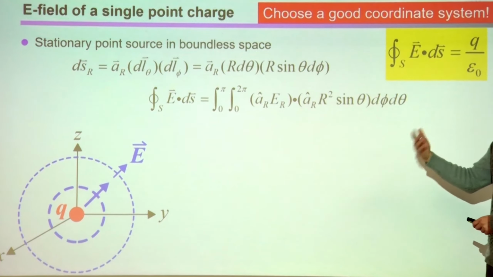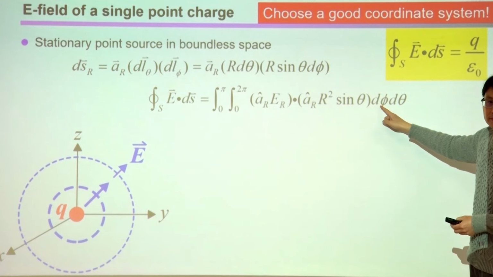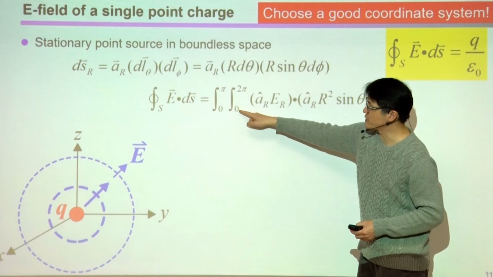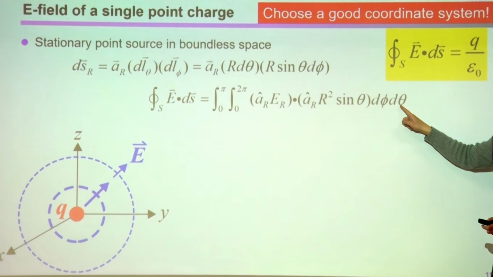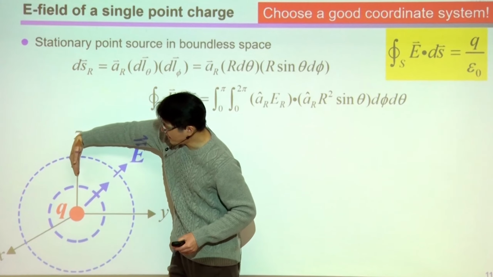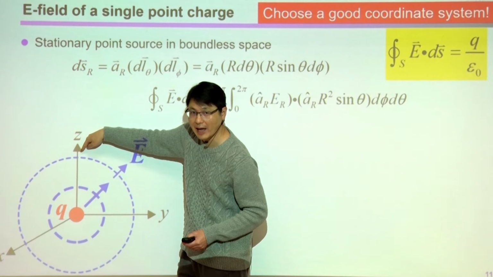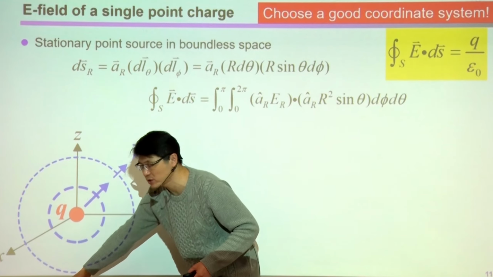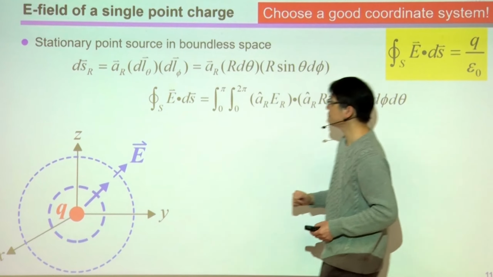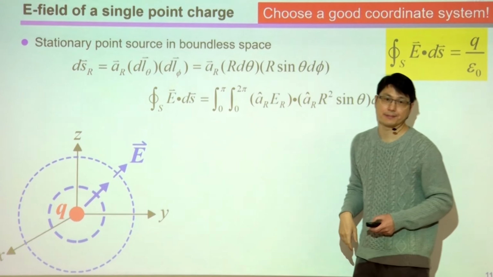To properly integrate over the entire spherical surface, the integrand for phi is from 0 to 2 pi, right? 360 degrees. But for theta, in the spherical coordinate system, theta is the angle of your radius to your z axis. So basically, theta only spans from 0 all the way to pi. So the integrand for theta is 0 to pi.